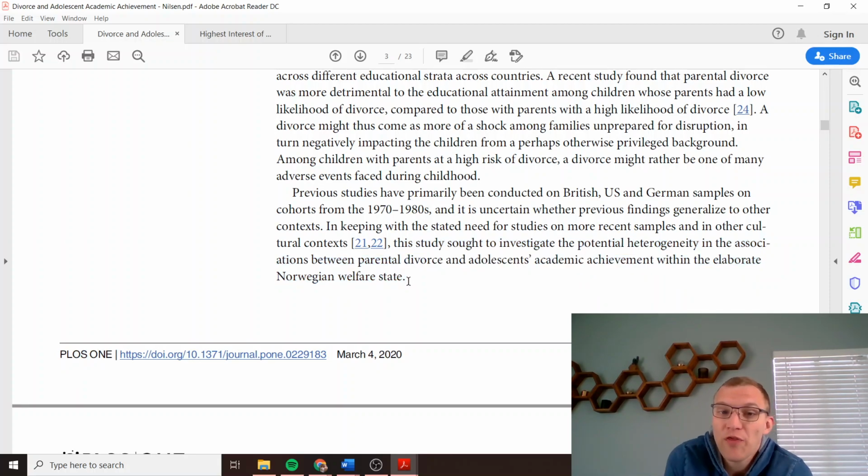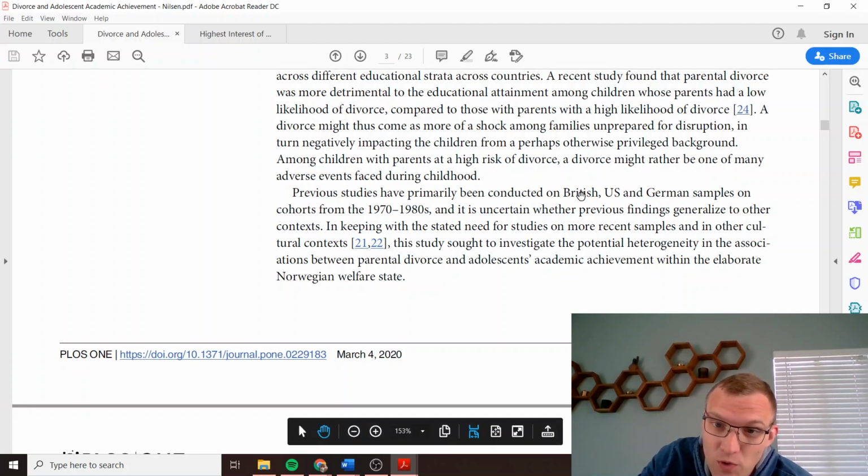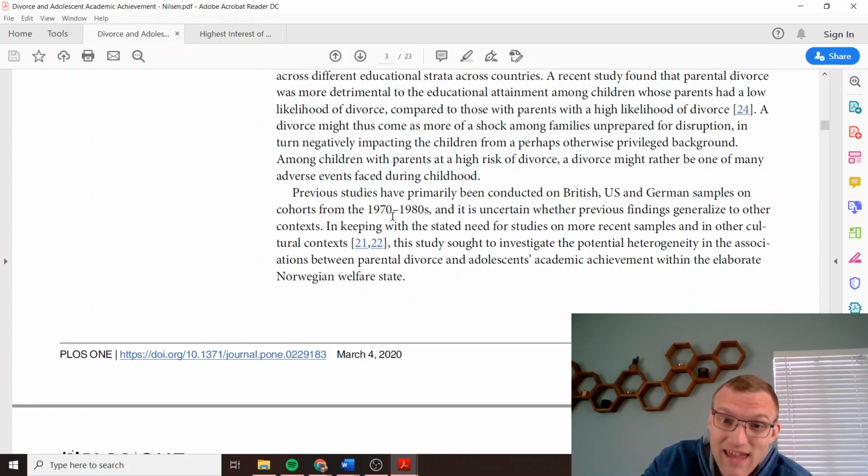Okay, so what they're saying is a lot of the other studies that have been done on this topic were done in Britain, the US, and Germany, and like 40 or 50 years ago. This study is going to do a lot more recent research in Norway.